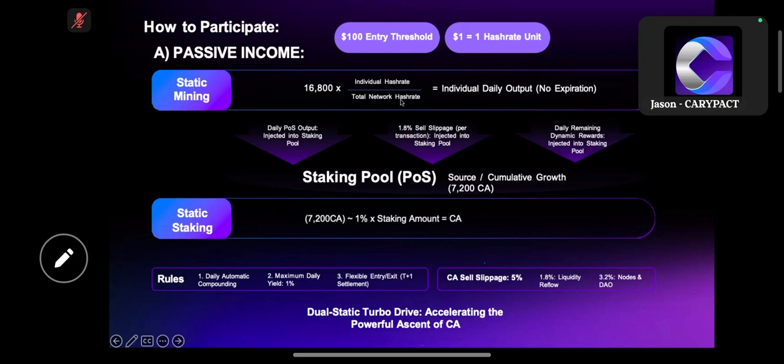If you look into our DAPPS, which is the Web3 wallet in app.carypact.com, if you log into your account, then you can look into the DAPPS. Go to the menu and click the mining data. You can see down there the total network hash rate, which is 39 million right now. Give me a minute.